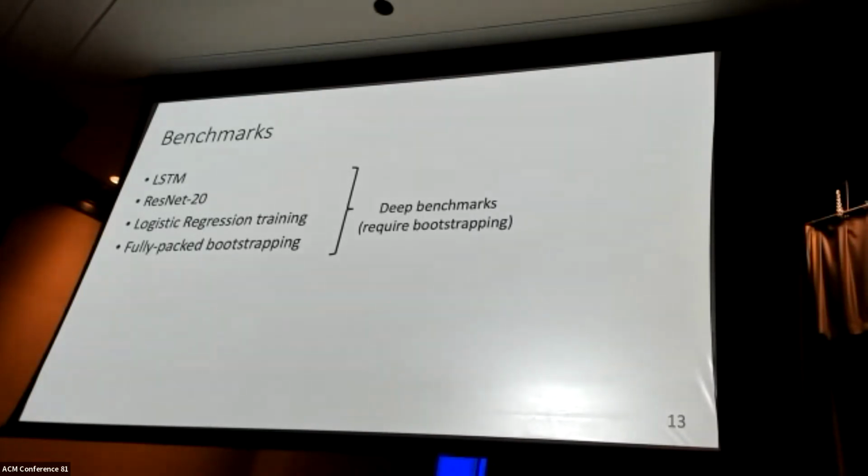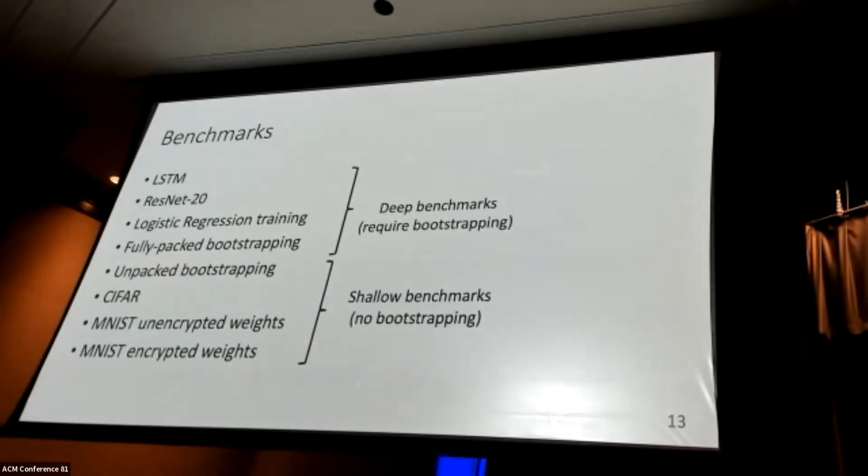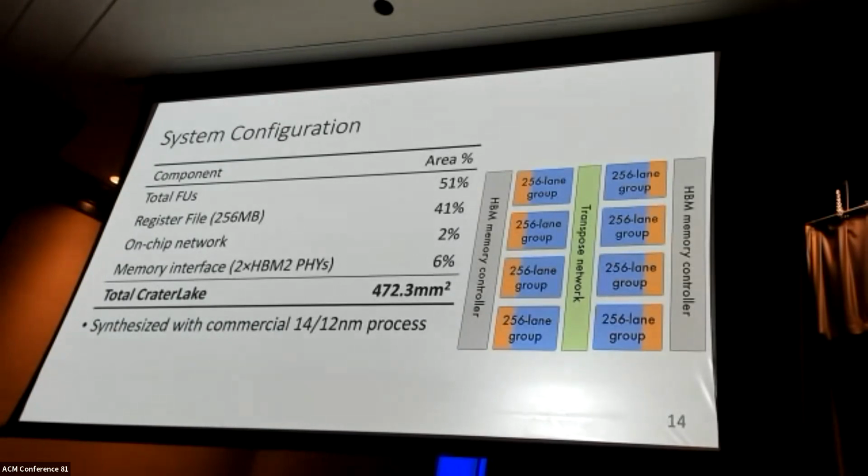We run both deep and shallow benchmarks to measure CraterLake's performance. Deep benchmarks are those that require bootstrapping, so they include deep neural networks like LSTMs and ResNets, while shallow benchmarks do not require bootstrapping and are thus limited to 3 to 6 layer neural networks. This is the area breakdown for CraterLake, a total area of 472 millimeters squared.